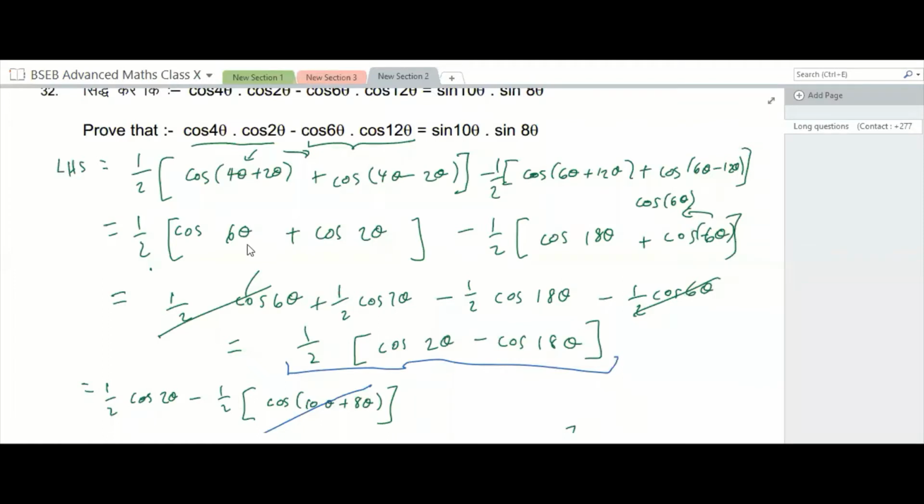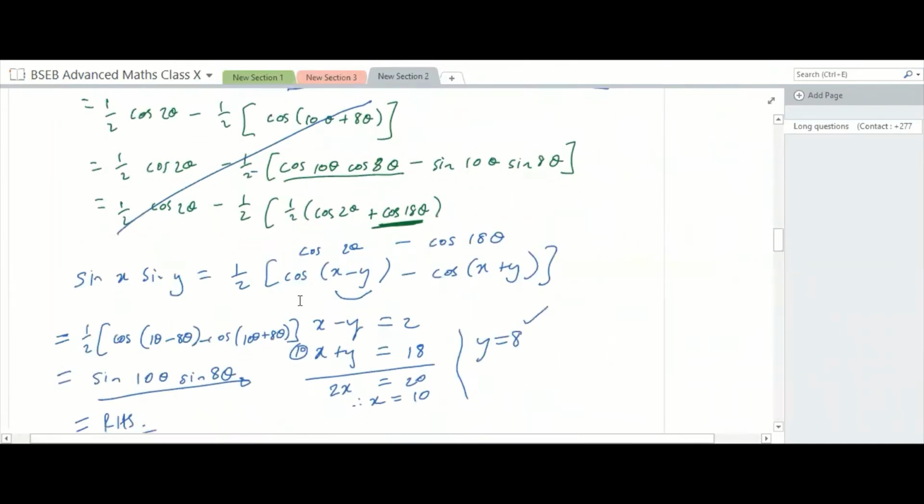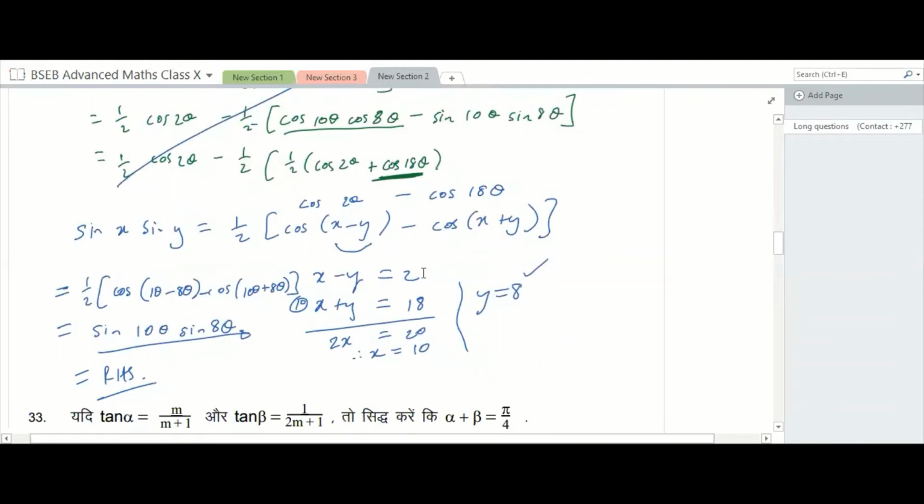So what we said was, on the left hand side, cos 4 theta, we used half angle here, so we ended up with this entire thing. Then we said minus cos 6 theta times cos 12 theta, we ended up with this using half angle. So the final simplification of half into cos 2 theta minus cos 18 theta is actually equal to sine 10 theta sine 8 theta. How? The sine x sine y is equal to half into cos x minus y minus cos x plus y. Using this formula, we ended up with sine 10 theta sine 8 theta.